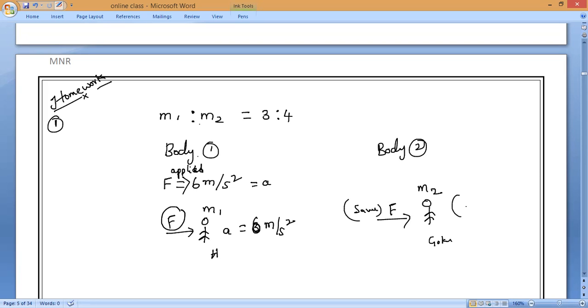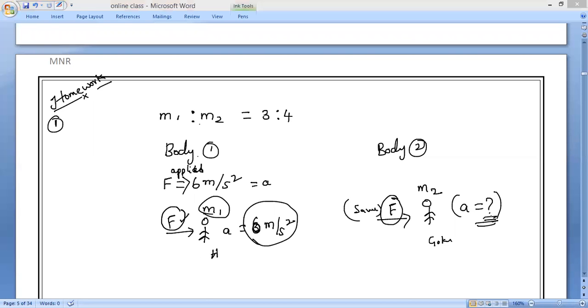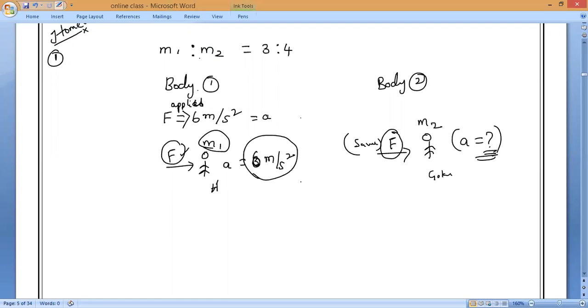We don't know that. Then what is the acceleration of this body, they are asking. Here we know the mass and the acceleration. If we find the force, then since the same force is applied, we can find the acceleration. Yes or no? Yes, sir. That is what you have to remember.